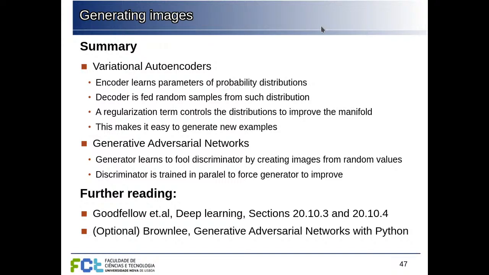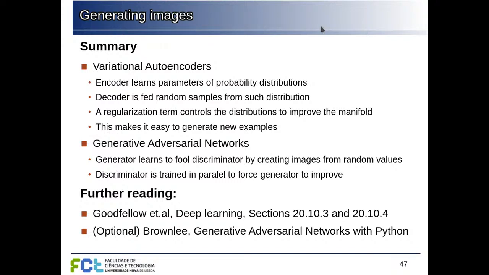Generative adversarial networks. In this case, we fix the distribution for that latent representation. So we decide, for example, in our example here, that this would be 100 independent Gaussians. That is fixed, and we can sample from that to generate examples. But now what we need to do is to train a generator network that can map from that distribution to something that is meaningful, to examples that are useful to us.